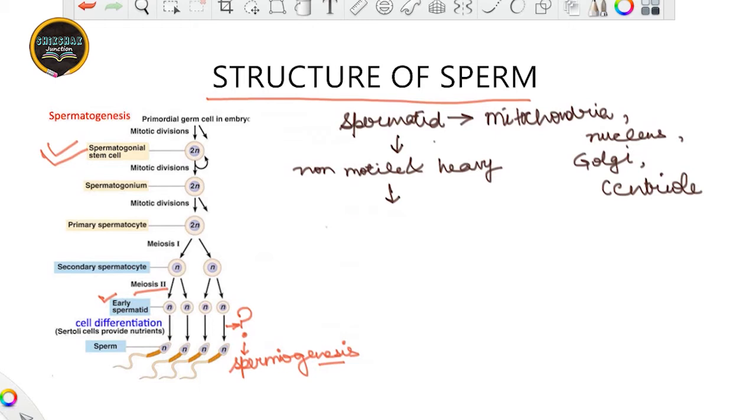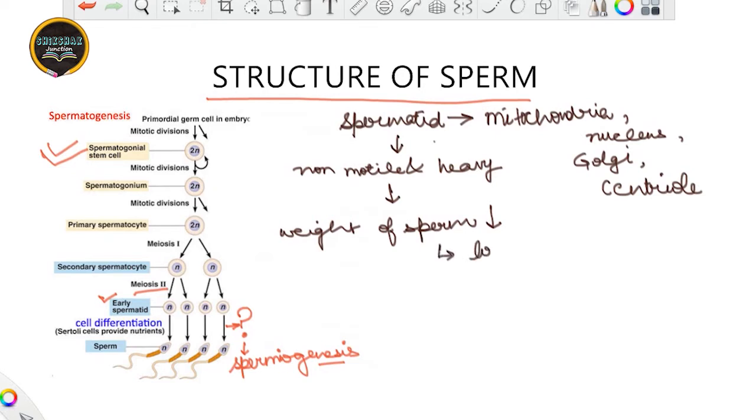Now what happens is, during spermiogenesis the weight of the spermatid gets reduced. That means it becomes light in weight. How?